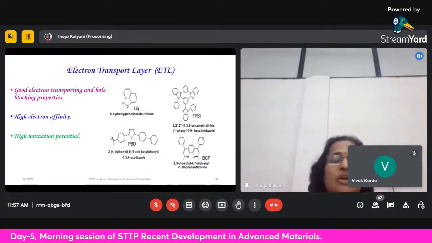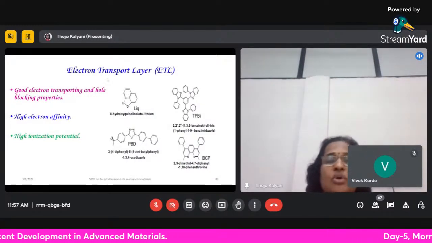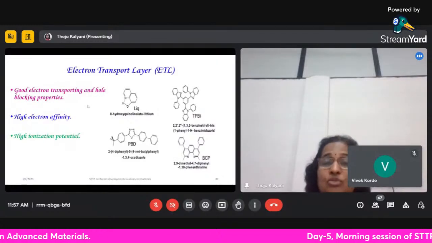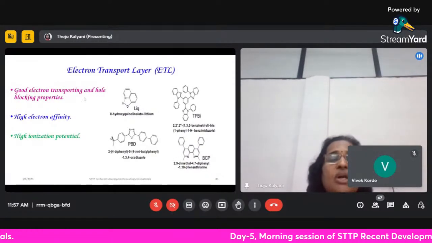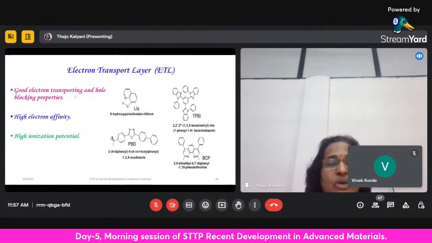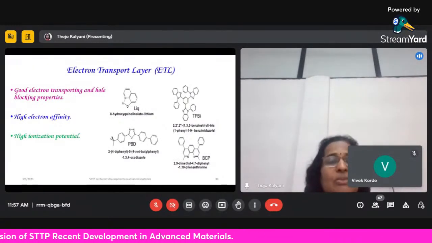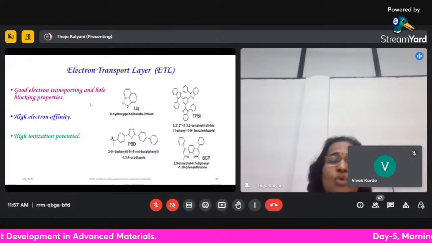Till now we have talked about the hole transport and the hole injection layer, and now we are talking about the electron transport layer and the electron injection layer. The electron transport layer should have good transportation. They should transport the electrons and increase the mobility of the electrons, but at the same time, they want to block the holes.